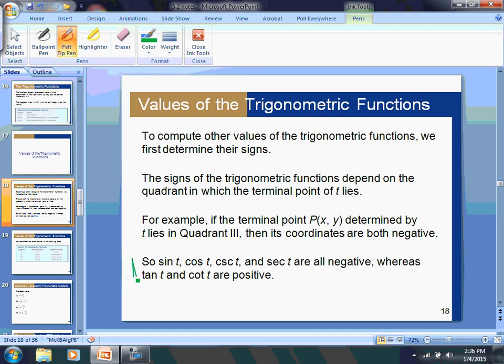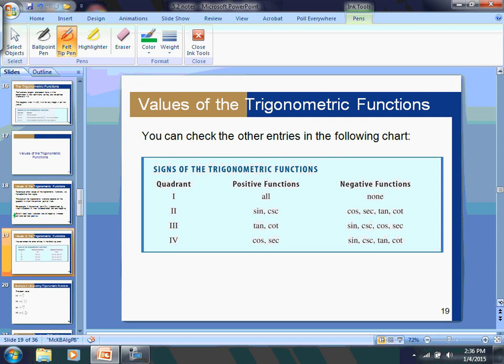Okay? So right down here, they say sine, cosine, cosecant, and secant are all negative, and then tangent and cotangent are going to be positive. I think there's a little chart that breaks that down as well. So in the first quadrant, all the trig functions are going to be positive. In the second quadrant, though, only sine and cosecant are going to be positive.